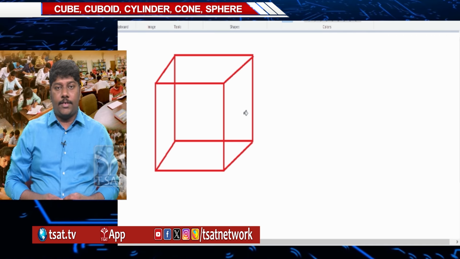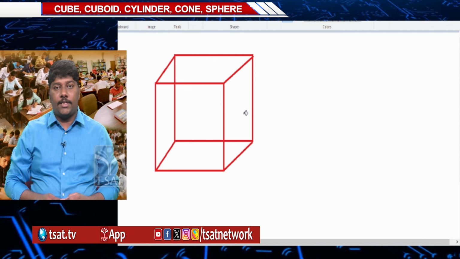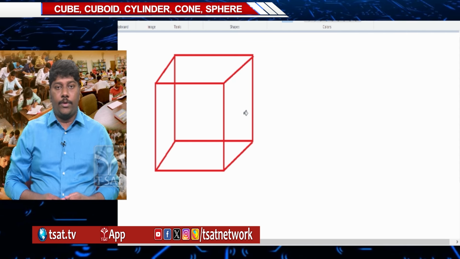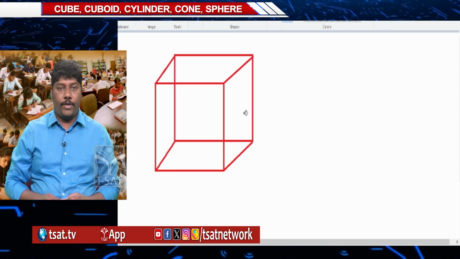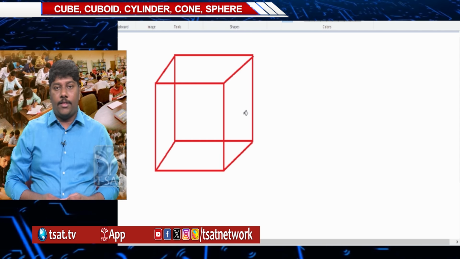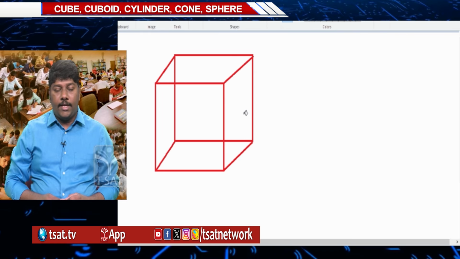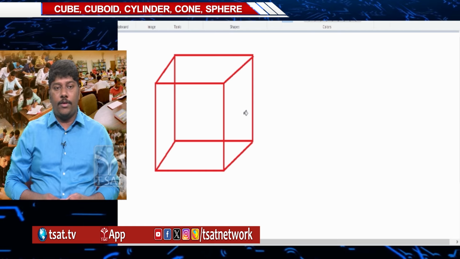The four walls of your room are the lateral surface area of that cube. If you include the top and bottom surfaces, it is the total surface area of the cube. The empty space in the room gives you the volume of the room, or the volume of the cube.